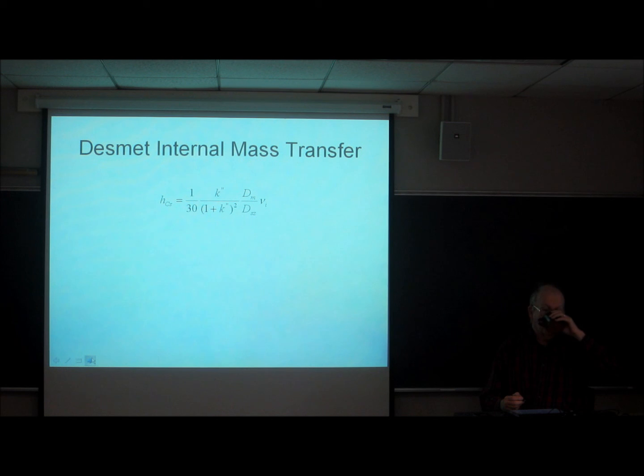Now, thank goodness the internal problem is a lot easier to deal with, because the internal problem is purely diffusive. There's no convective help inside the particles. So this solution of this reduced plate height inside the particles is simpler. The 1/30th comes from the assumption of a spherical particle.